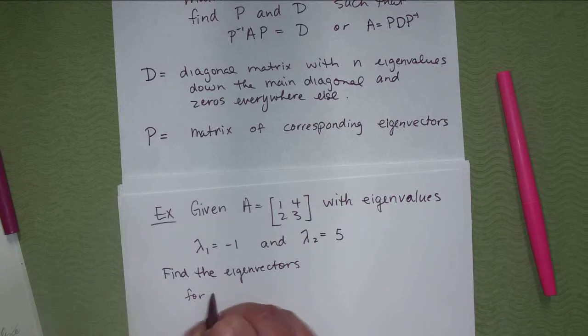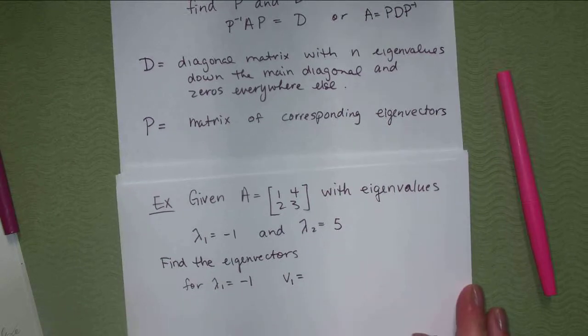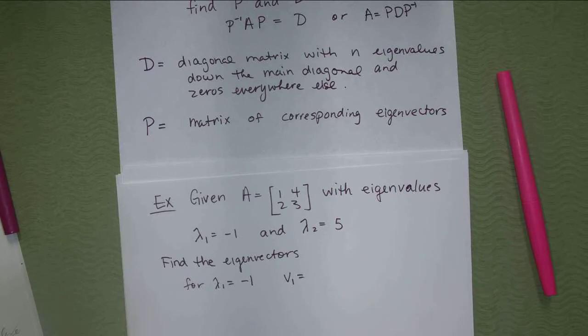For lambda 1 equals -1, we would say V1, vector 1. If you write subscripts, you'll remember which one goes with which. Let me look back. This was the first one we did, and for the eigenvalue one we had the eigenvector. I thought we did this one, 1, 4, 2, 3.